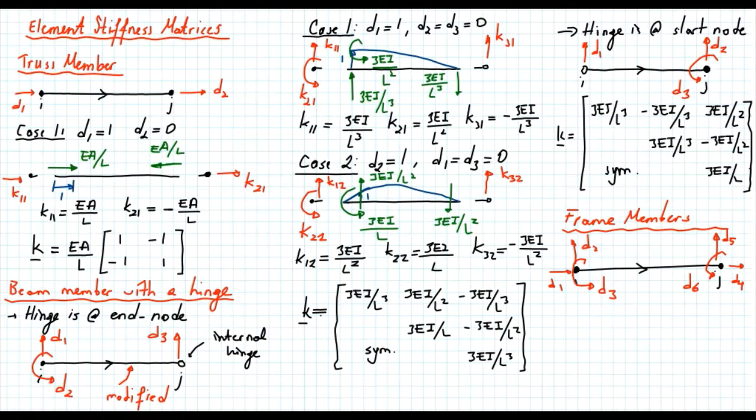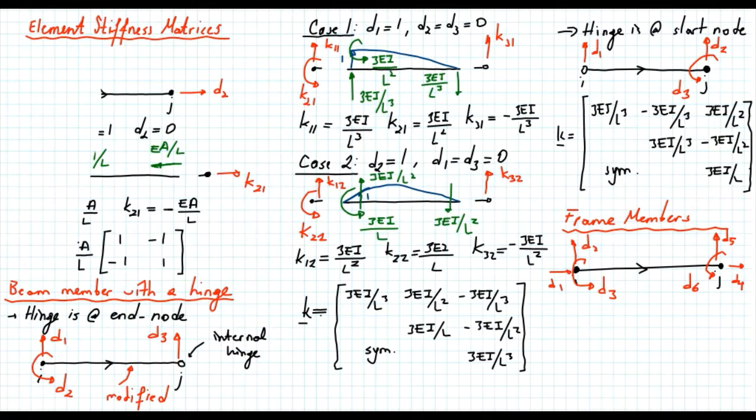If we want to generate the stiffness matrix for it, we will be combining the stiffness matrix of a truss member plus the stiffness matrix of a beam member. If you think about the derivation, this is what we will get. You can try it if you want, but let me just write it here.